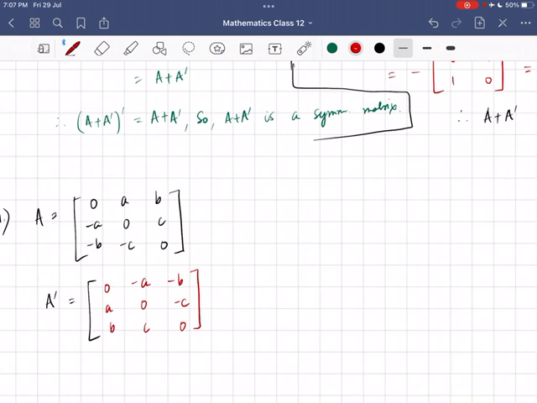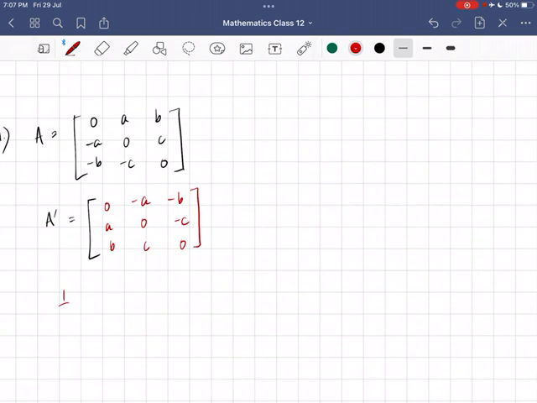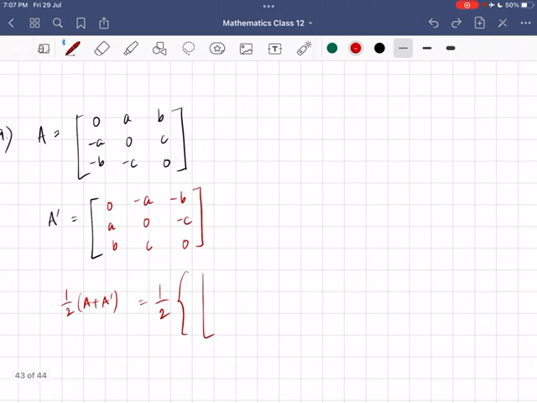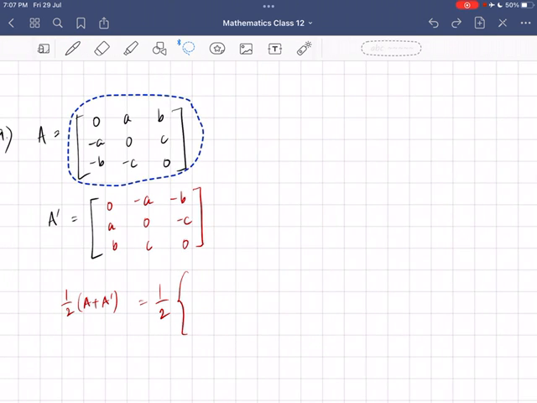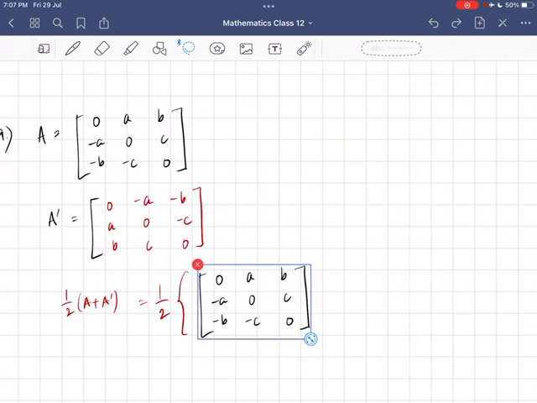Now after getting A transpose, we need to find half of A plus A transpose. So what will half of A plus A transpose be? Half. Now we're going to write A plus A transpose. So first we're going to have A in here. Then we're going to do plus A transpose.